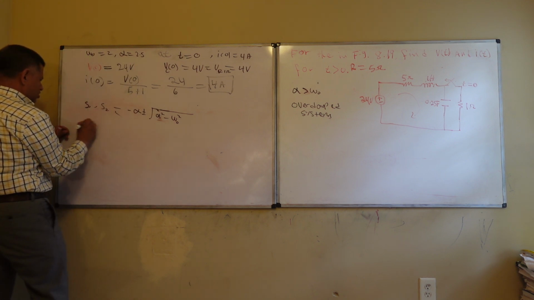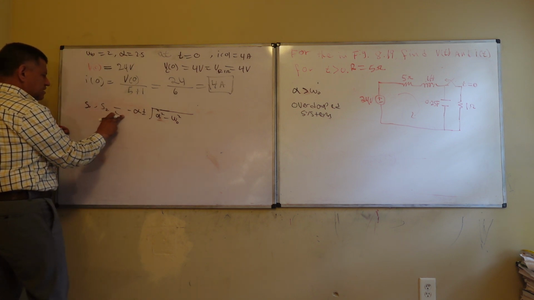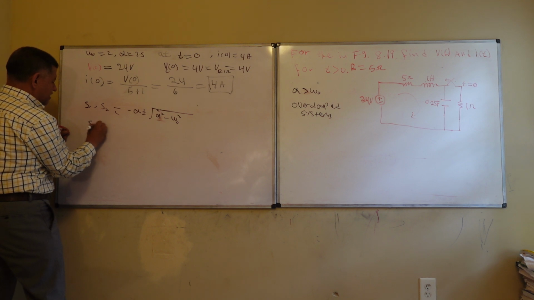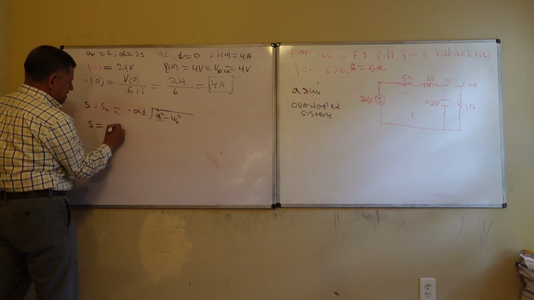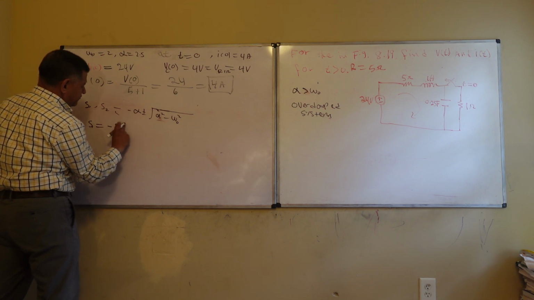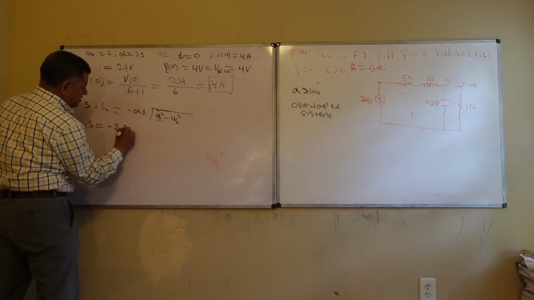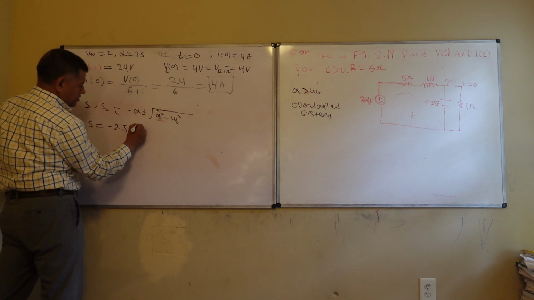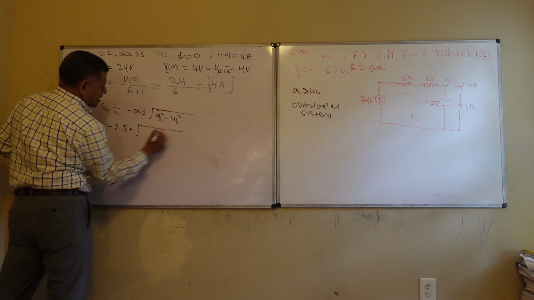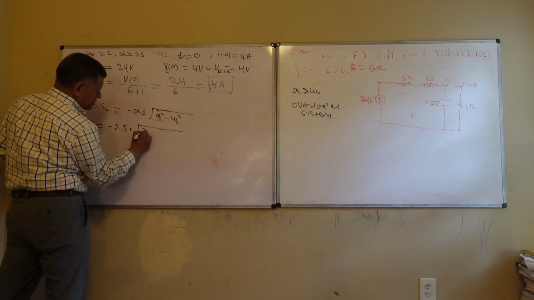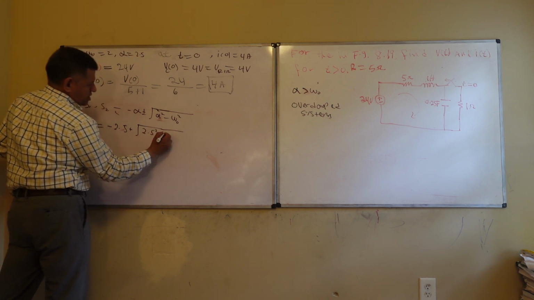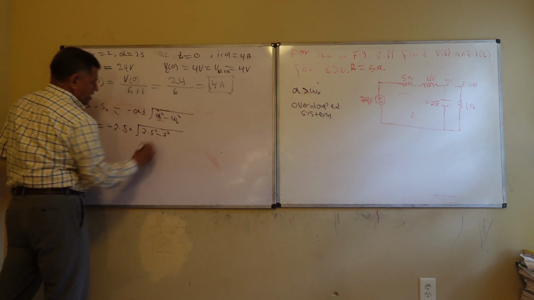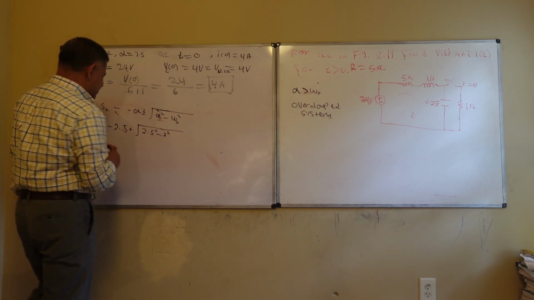So for S1 we take the positive sign. It's going to be negative 2.5 plus the square root of alpha, which is 2.5, squared minus 2 squared.